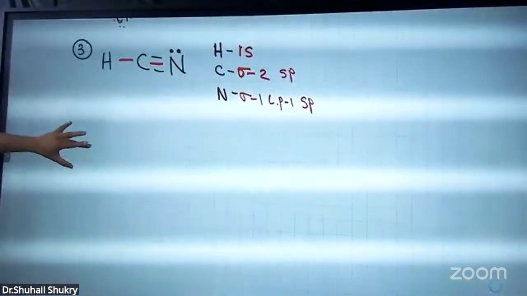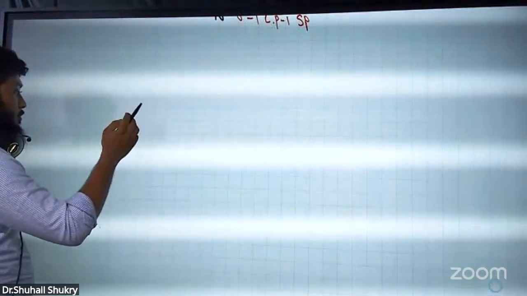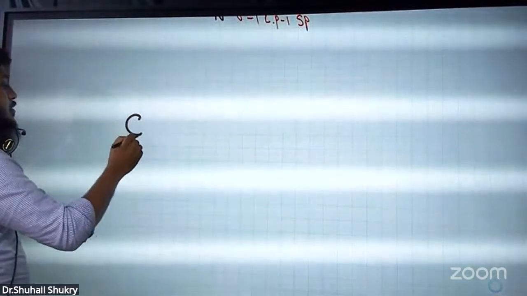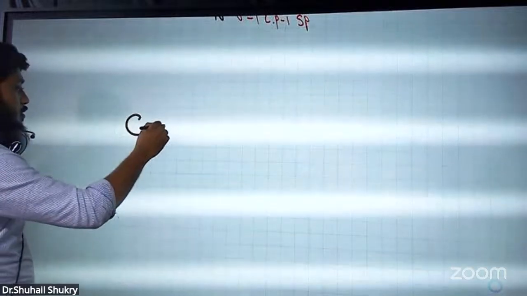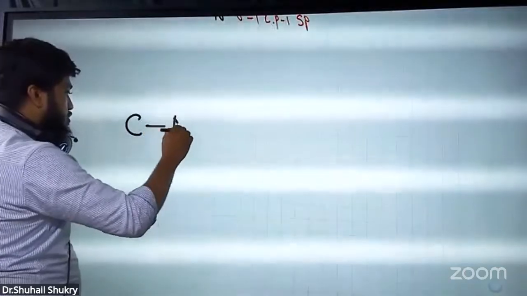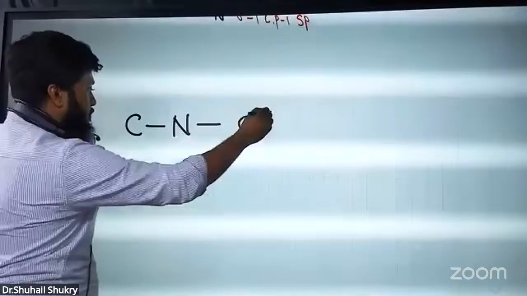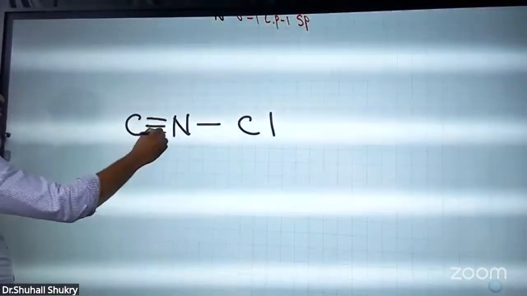You all just try to get these things. We'll think something like this: C, then we'll put nitrogen, we'll put chlorine.